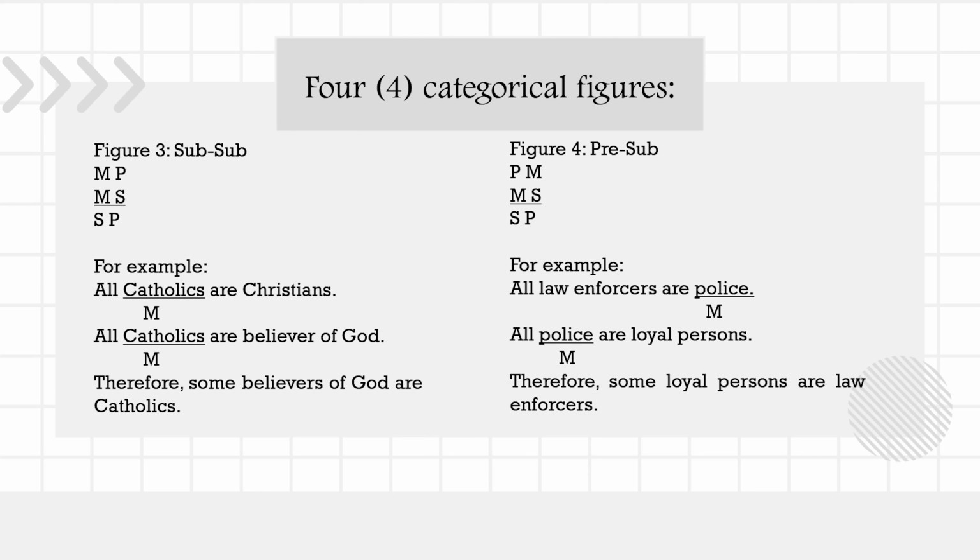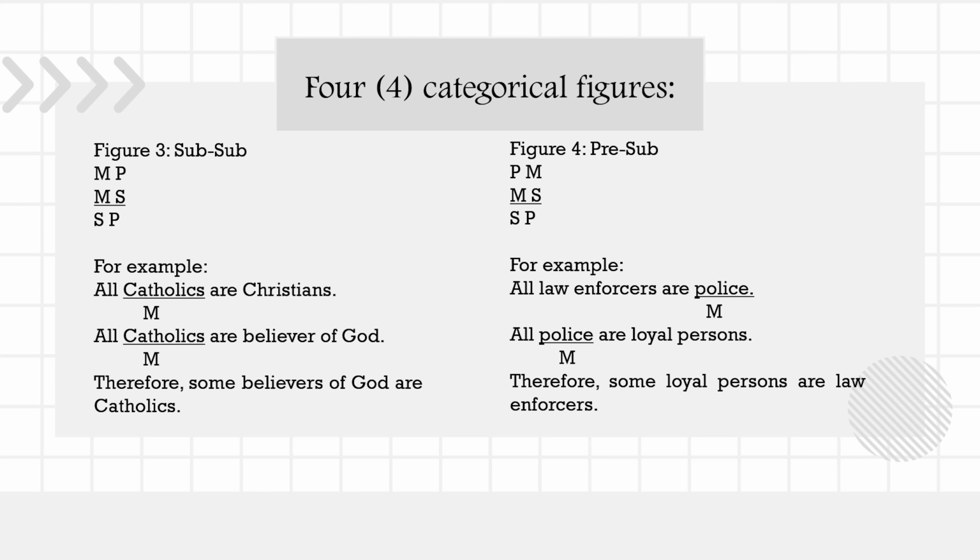Figure 4 illustrates a pre-sub syllogism, in which the middle term is the connecting link between the two premises, leading to a conclusion. In the example given, it is asserted that all law enforcers are police, and police are loyal persons. This syllogism adheres to the rules of categorical logic and logically concludes that some loyal persons are law enforcers.